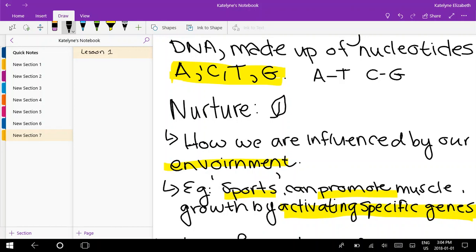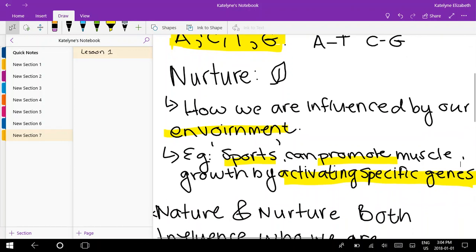So our environment is influencing our genetics, or I should say epigenetics. And that's kind of cool. Like, the outside, our environment, can influence and shape who we are. Incredible. Okay, so that's nurture.